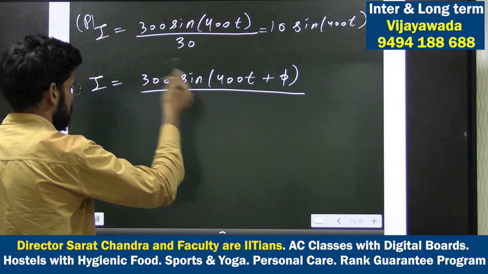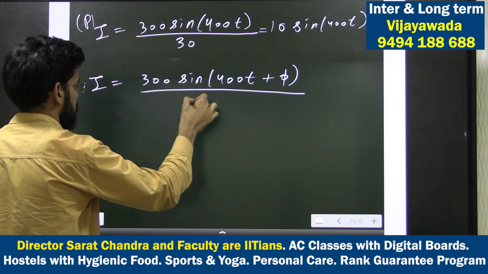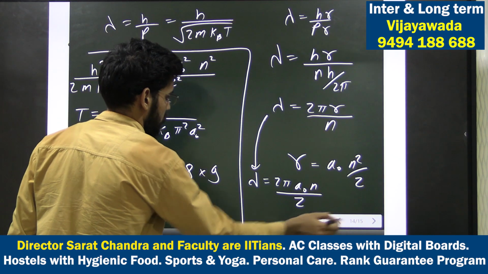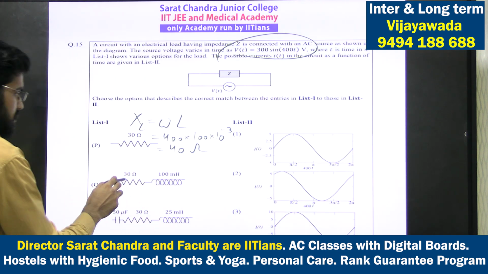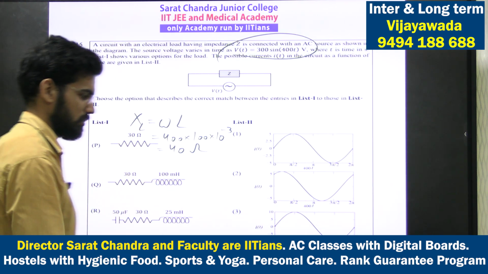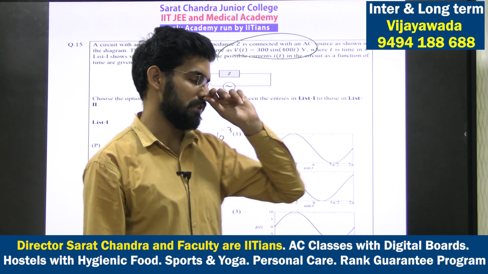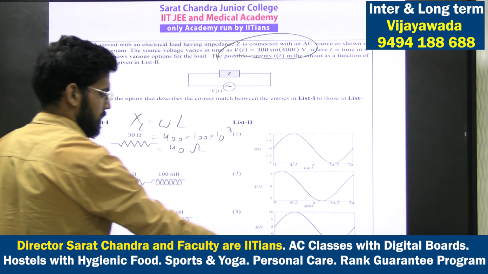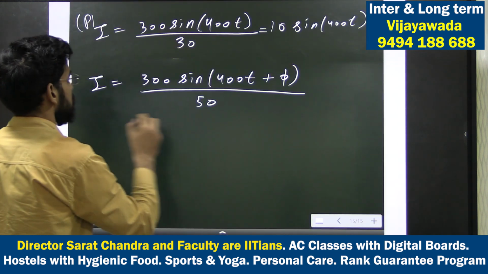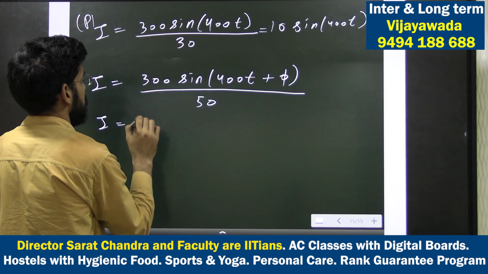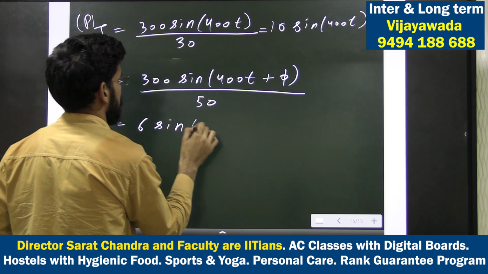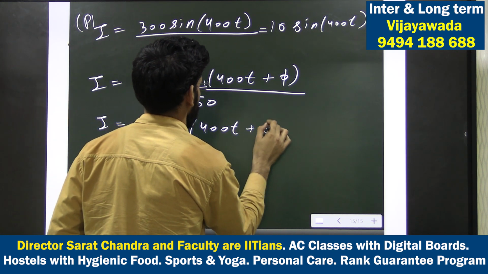Z, what will you write here? 50, because one is 40, one is 30. Under root of 30 square plus 40 square, that is 50. So I is equal to 300 over 50, 6 sine 400t plus phi.